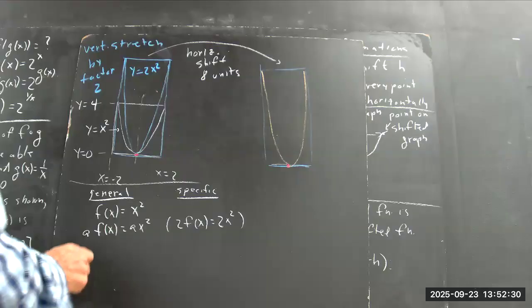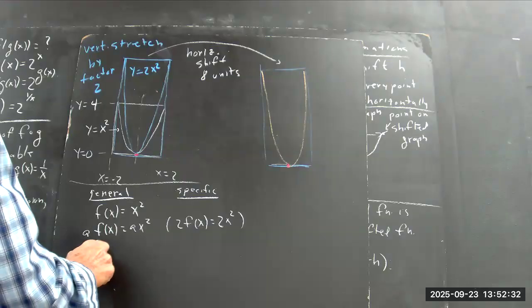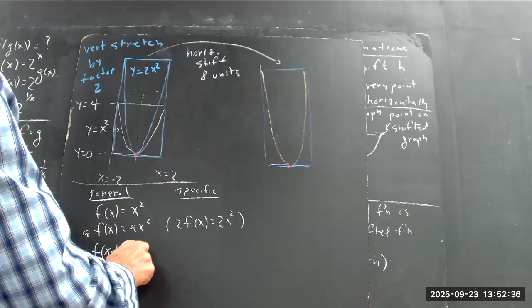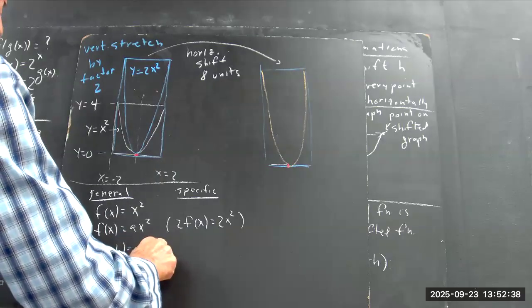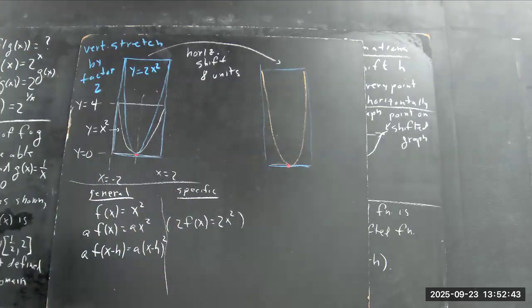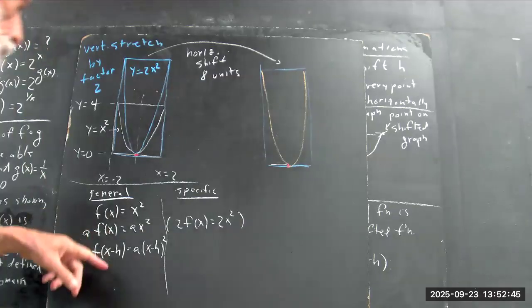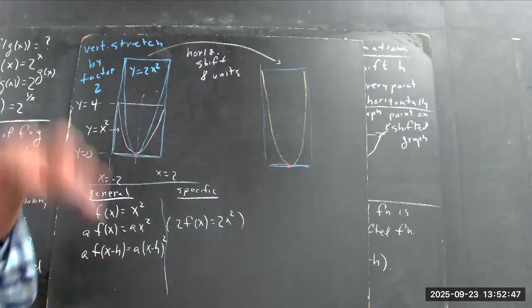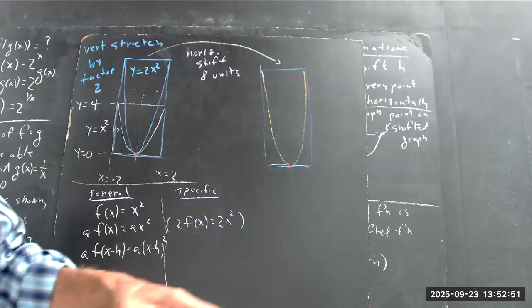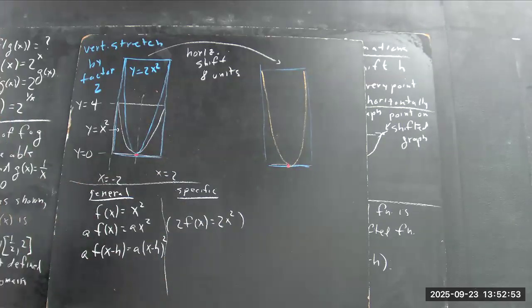Okay, well, it's a horizontal shift. That's f of x minus h equals a times x minus h quantity squared. Now you've got to understand f of x notation and the substitution. You've had homework regarding that for a long time, so make sure you've got that down.